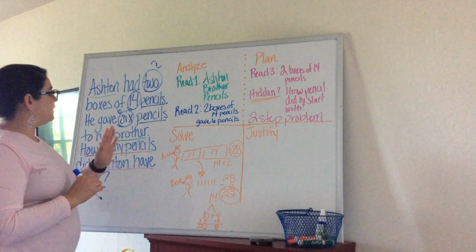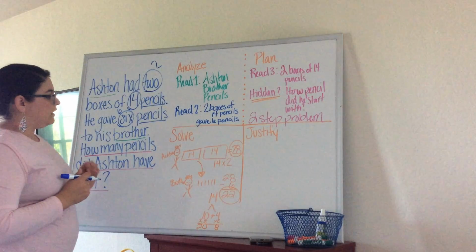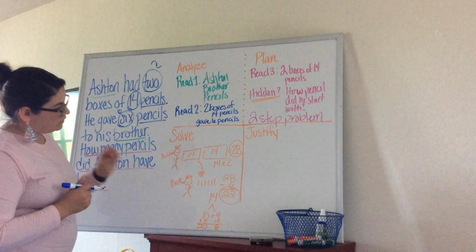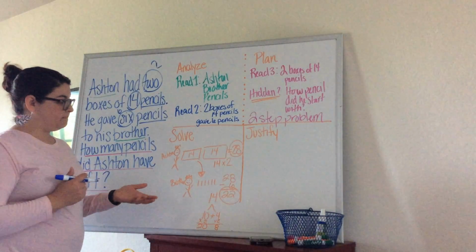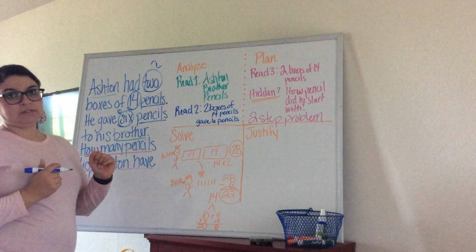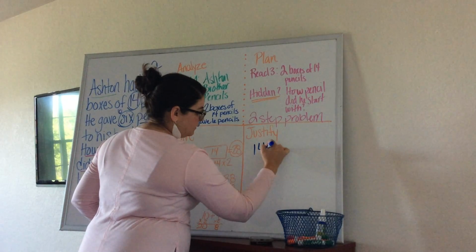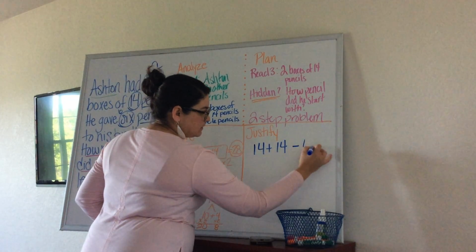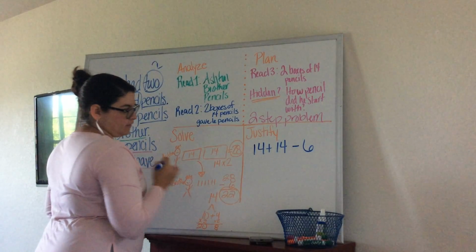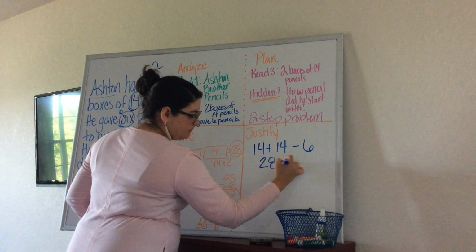We have to figure out, how do I know I am correct? Is there another method I could do to help me make sure I did this correctly? Do I always have to multiply? No, I could do 14 plus 14 minus the 6 pencils I gave my brother. 14 plus 14 is still 28.